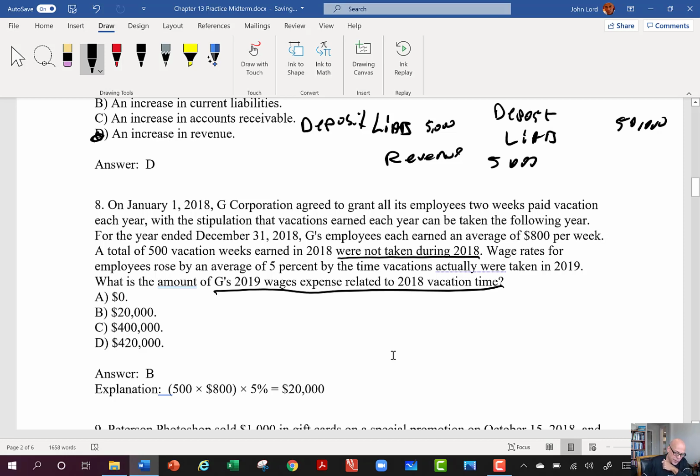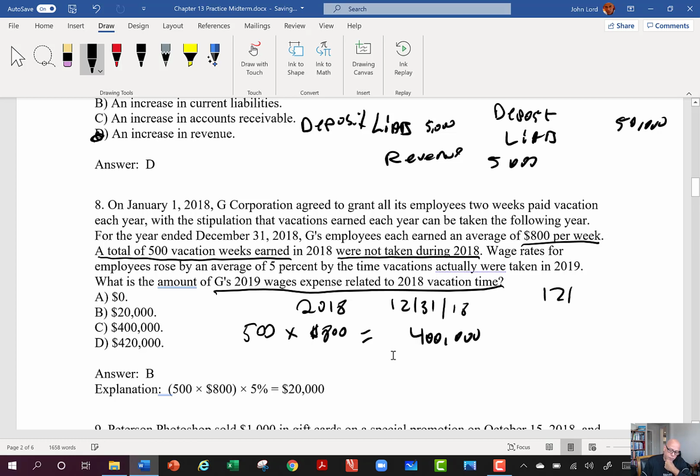For 2018, at 12/31/18, they're going to say, well, 500 vacation weeks times $800 per week. So I multiply that times 800, and if I'm doing my math right, that gives me 400,000.